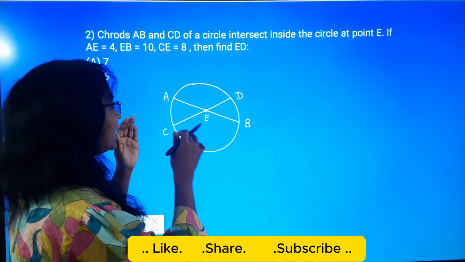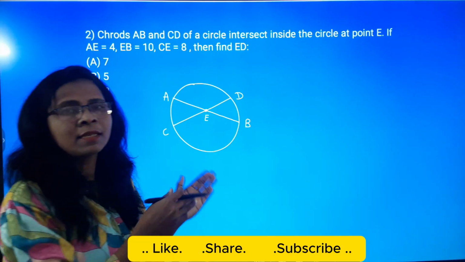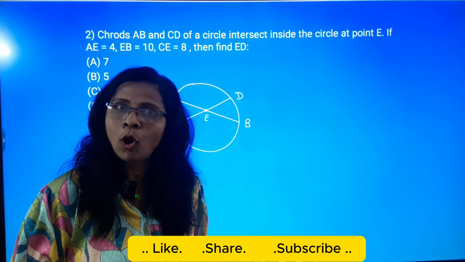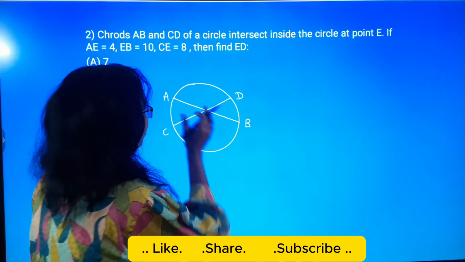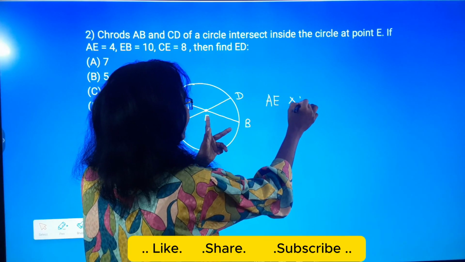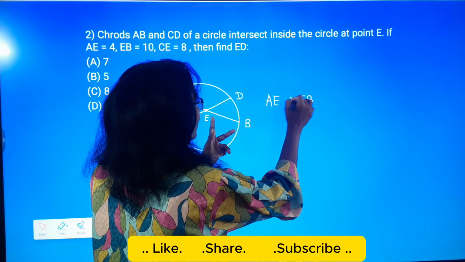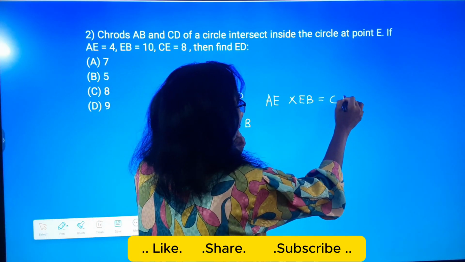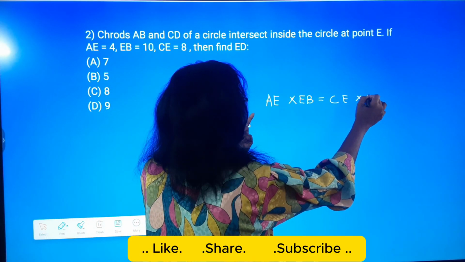These are the internally intersecting chords. So the formula will be AE multiply EB is equal to CE multiply ED.